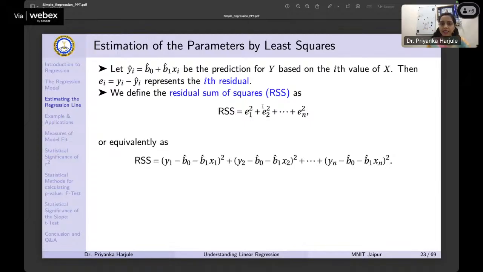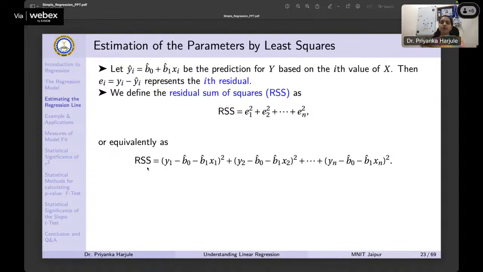So you can replace every ei with this expression, and you will get an equivalent equation for the residual sum of squares. This we have to minimize. So this RSS, that is the residual sum of squares, is the total squared error between all actual values and their predicted values. This is what we want to minimize to find the best fitting line.